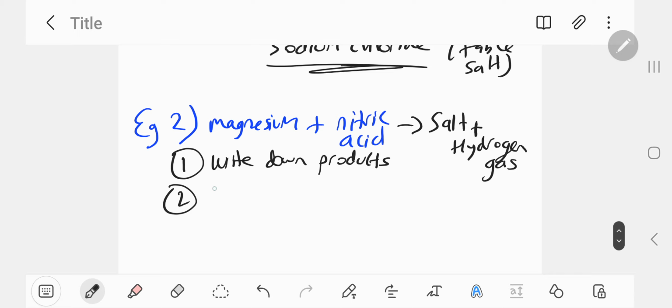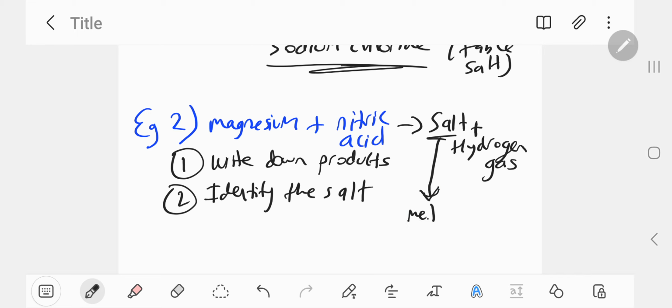Step 2 is to identify the salt. Once again, and I encourage you to write this down in an exam, because under pressure in an exam you can forget things quite easily. Doesn't matter how smart you are. Exam pressure always gets everyone. So write down metal plus non-metal so you don't forget, so you don't have a mind blank as well.